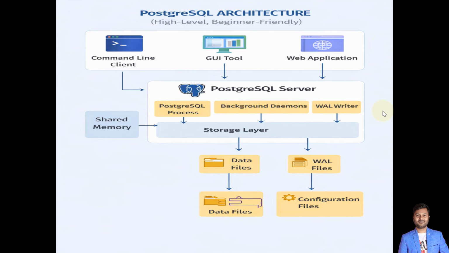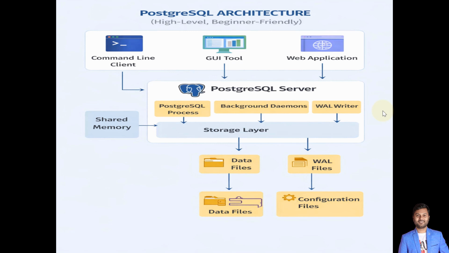And then we see PostgreSQL server, which is the brain of PostgreSQL. So this is the core PostgreSQL engine. It receives SQL from client layer and processes it and returns the result. So the server includes few things such as parser, planner or optimizer, and executor. So it understands your query, creates a plan, executes it, and sends back the output to the client layer.